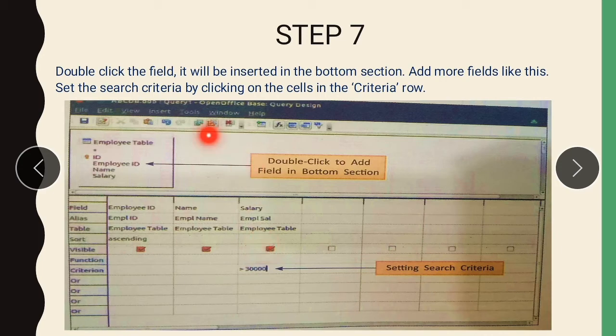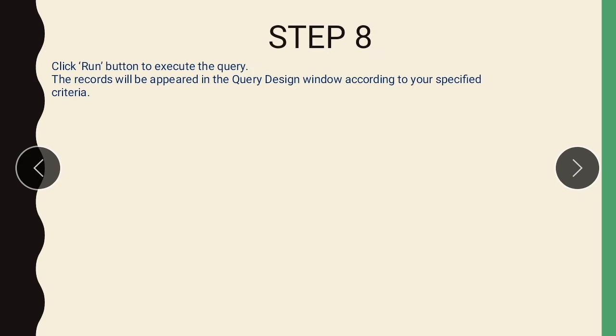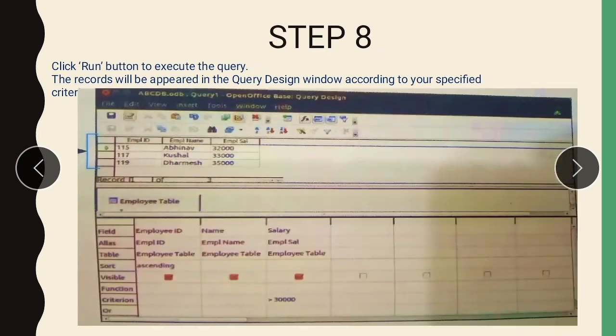After that, you can give the search criteria by clicking on the cell in the criteria row. This is the criteria row, and I am giving the condition as salary greater than 30,000. So this is a searching criteria. So after step 7, you want to click the run button given here.